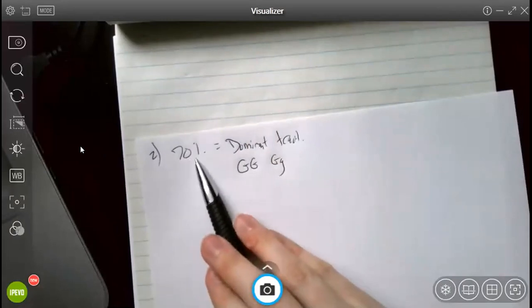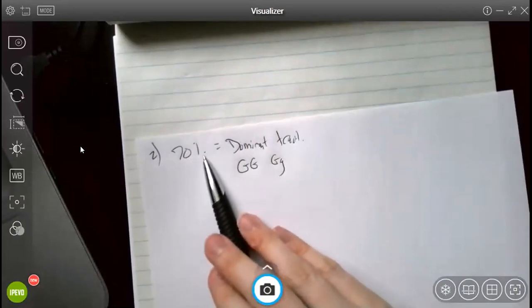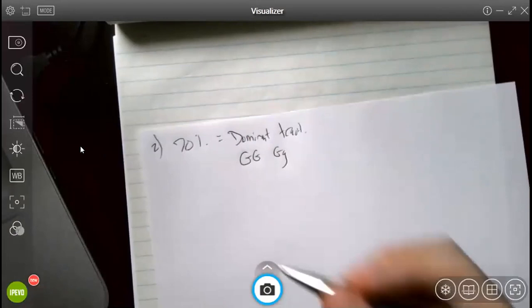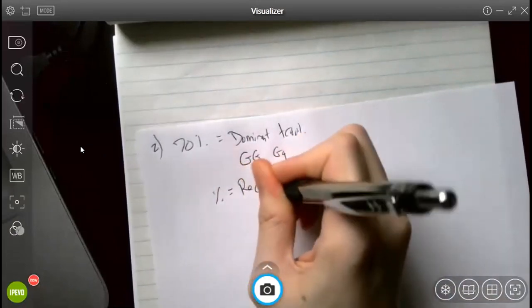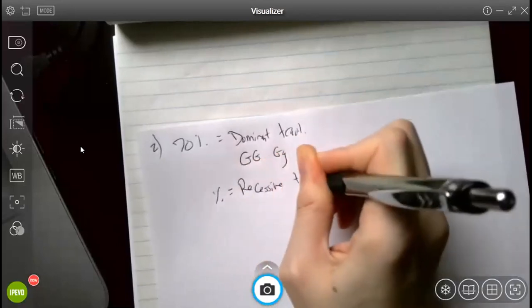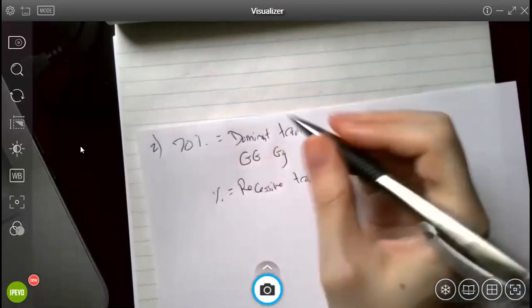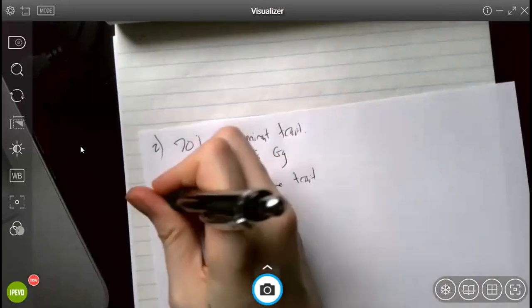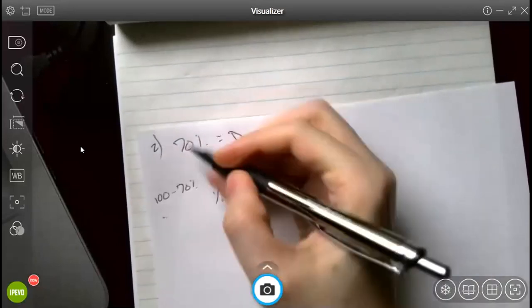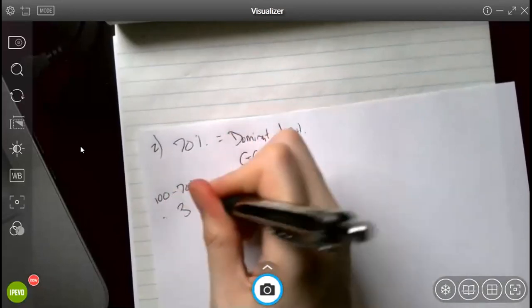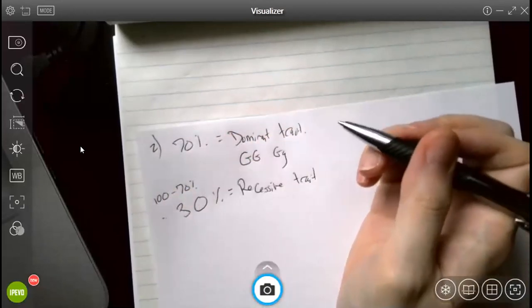So the dominant trait on its own isn't really useful to me. What is useful to me is knowing what percent of the population has the recessive trait. And so in order to figure that out, I just do 100% minus the 70% that are dominant. The remaining 30% must be recessive.